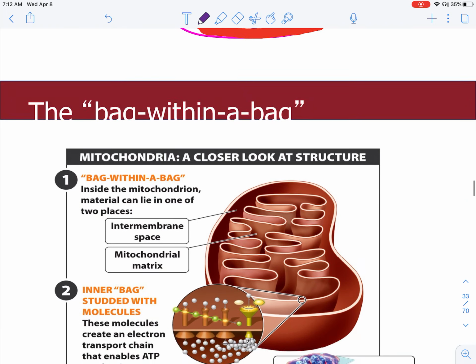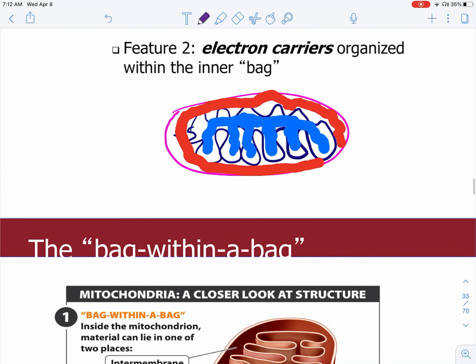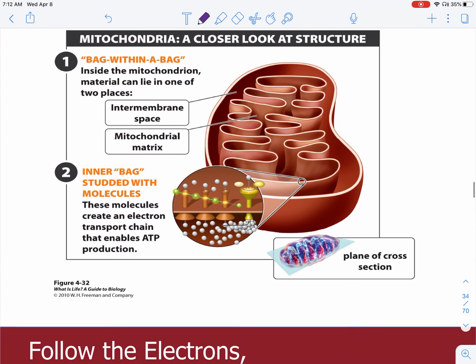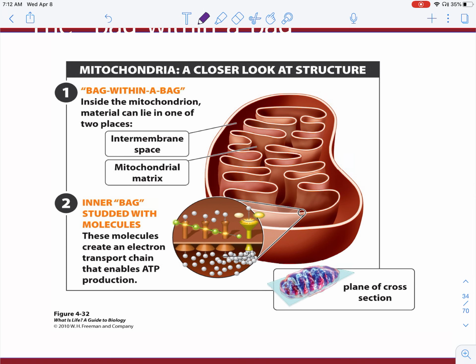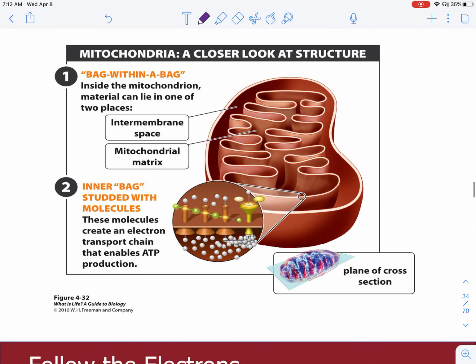So here's a look at that, and then the electron transport chain is on the surface of the inner membrane, and it actually spans the inner membrane of the mitochondria.